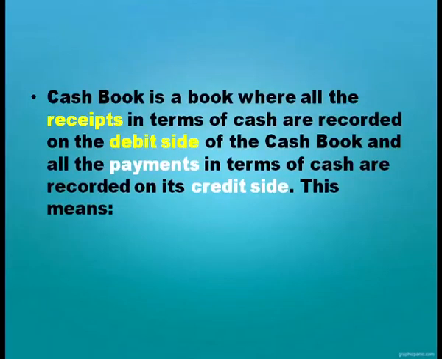The rule for the asset account is: increase in asset will be debited and decrease in asset will be credited. Cash book is a book where all the receipts are recorded on the debit side and all payments are recorded on the credit side. Receipts means cash receipts. Payments means cash payments.